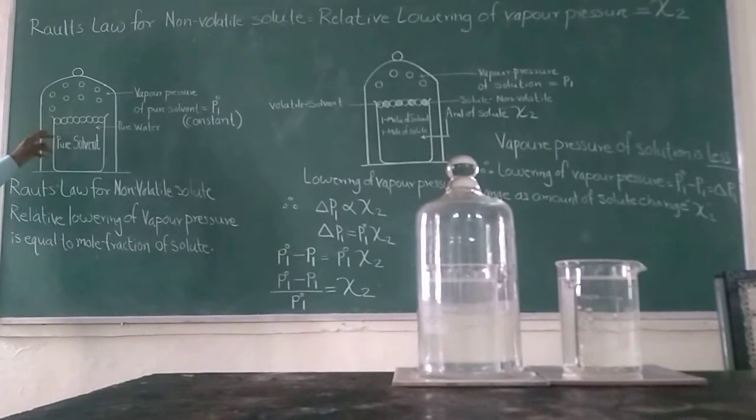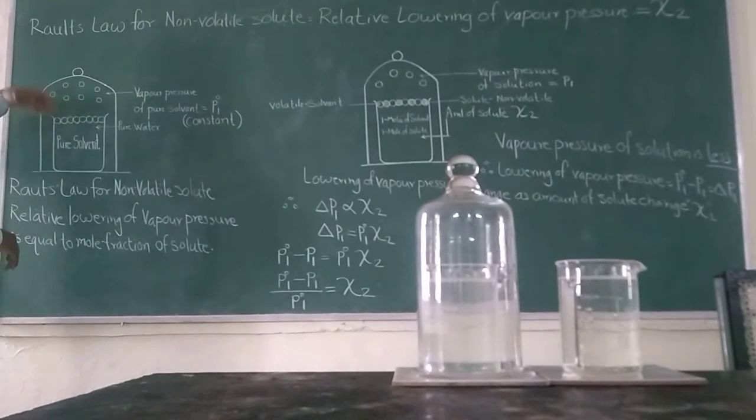On the surface of the water there are 1, 2, 3, 4, 5, 6, 7, 8 molecules, and all these molecules can go into the vapor state. So when they go into the vapor state, the vapor should be 1, 2, 3, 4, 5, 6, 7, 8. Okay.